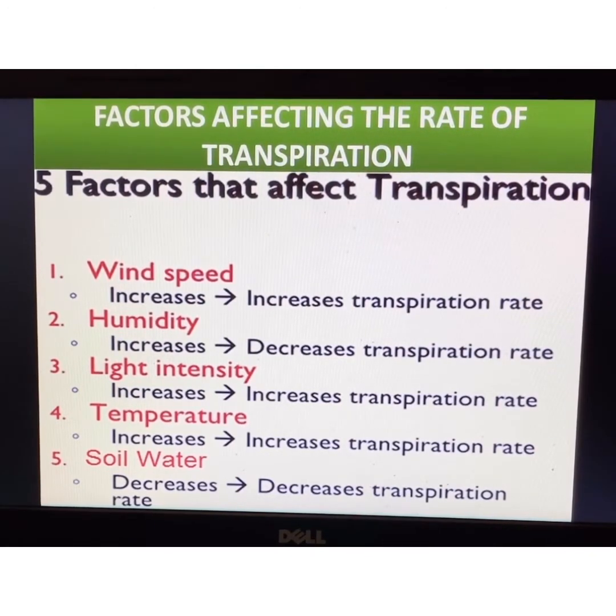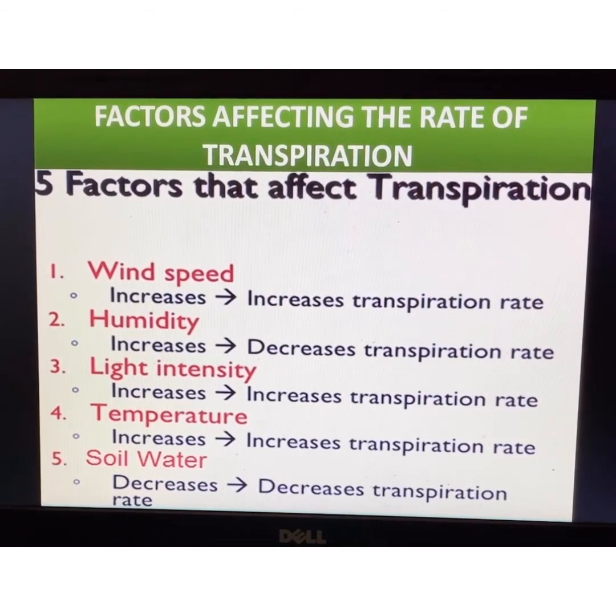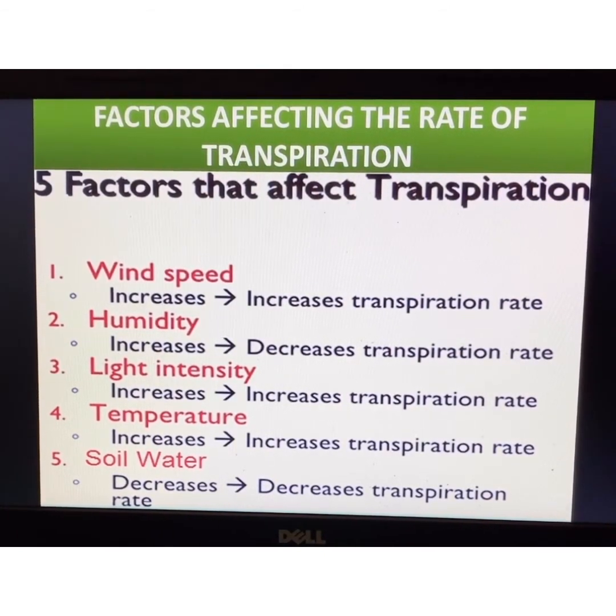The second factor is humidity. What is humidity? The moisture content or the water content in the atmosphere. Now the rate of transpiration decreases with the increase in humidity. Means what? The moment there is more water in the atmosphere, typically in the rainy season, the rate of transpiration will decrease.